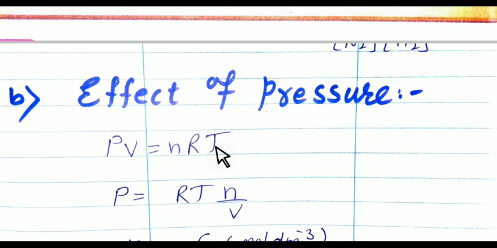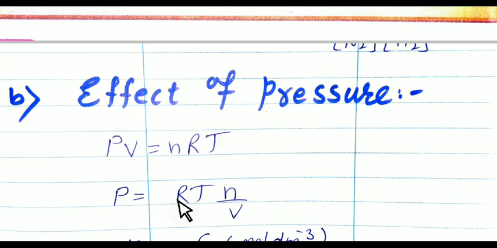Now rearranging the equation to find the formula for P, we get P is equal to RT into n upon V, where R is the universal constant, and we are taking the pressure at constant temperature.